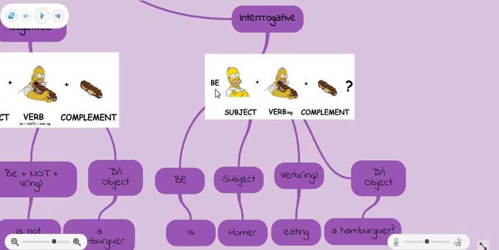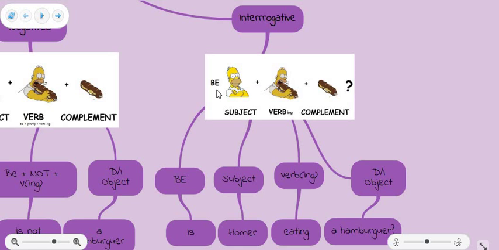So in order to start a question in English, we need to start with an auxiliary verb, and it depends on the tense that you are using. Since we are using present progressive, our auxiliary verb is be, and be only works with itself, so it itself will ask questions, will negate a statement, will answer a question, and will do everything.